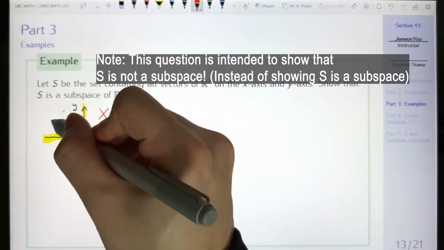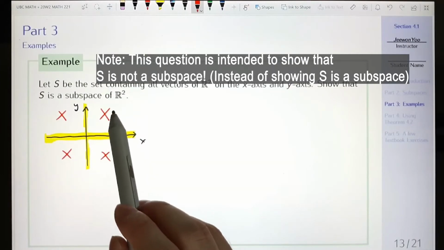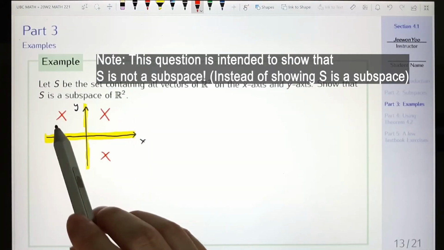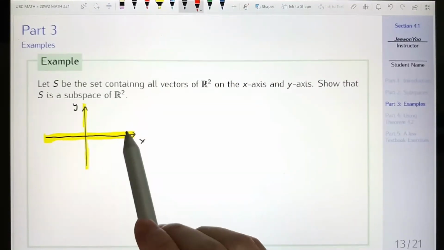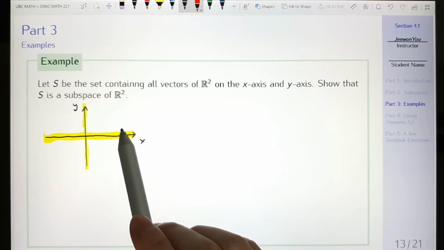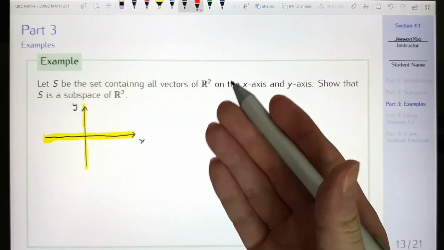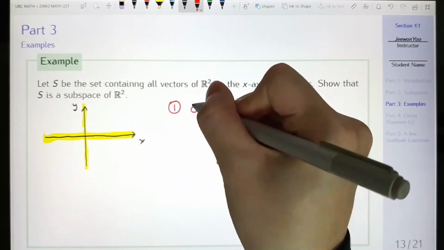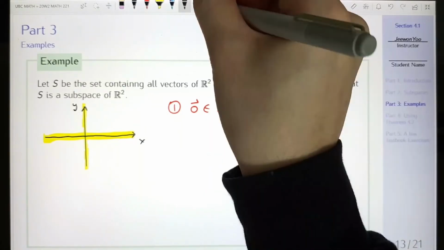Not here, and so on. We are not going to consider vectors living in here, here, here, here. So now we have this kind of space. Let's check if this set of vectors is a subspace or not. Number one, surely the 0 vector lives in the space.